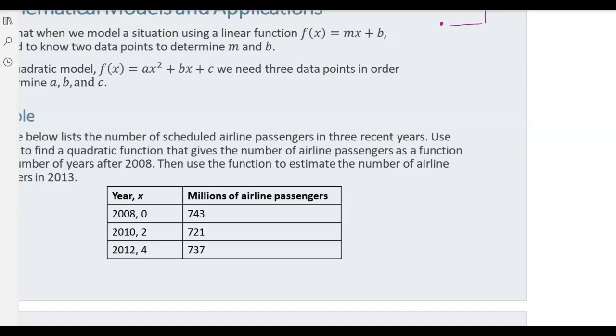Our variable x is the number of years after 2008, so for 2012, x is equal to 4 years later. And f of x, or y, is the number of passengers in millions.